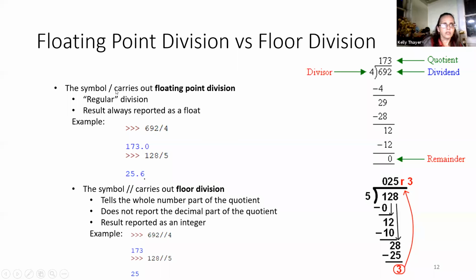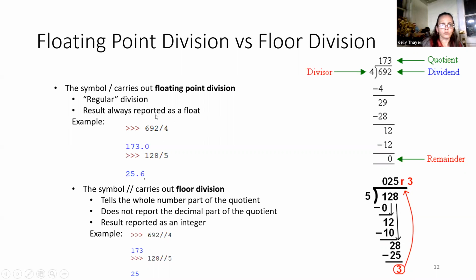So the single slash is the floating point division, which is regular division as you would normally think about it. So if you use the division symbol on your calculator, that's what it's going to do. The results are always going to be reported as a float. That is, it will always be reporting a decimal value, even if it's not necessary to do so.